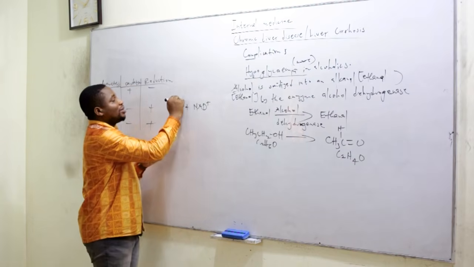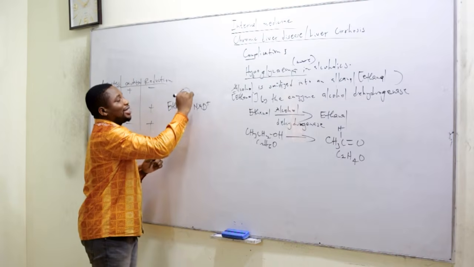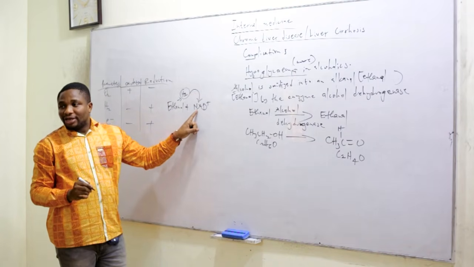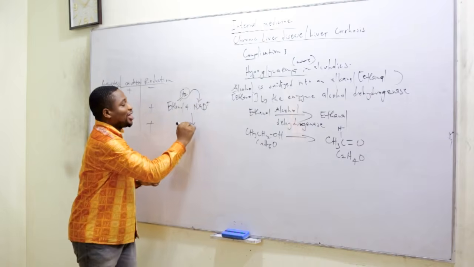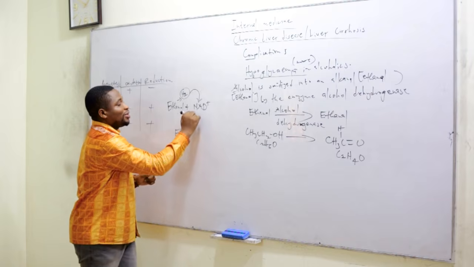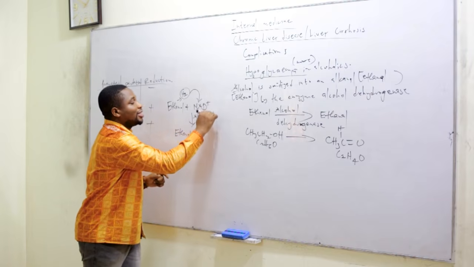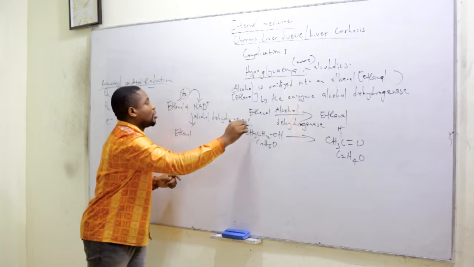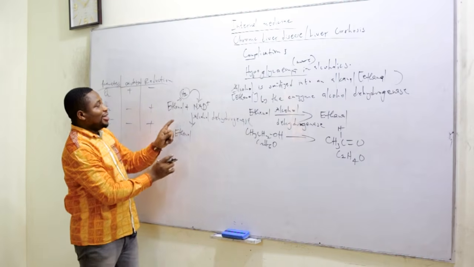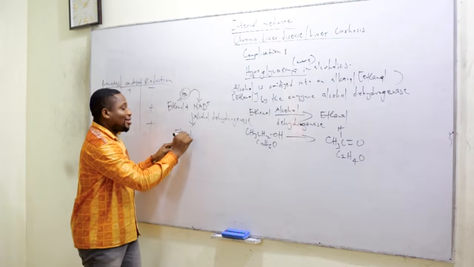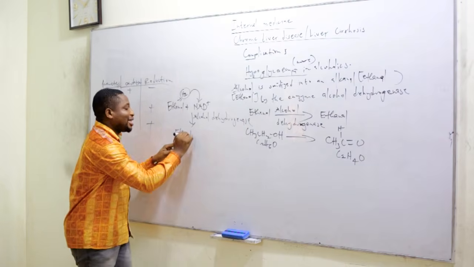Because there are two, you are removing H2 and you are adding it to this. This is a transporter. So here we have alcohol dehydrogenase. At the end of the day, the H2 has been removed from ethanol.